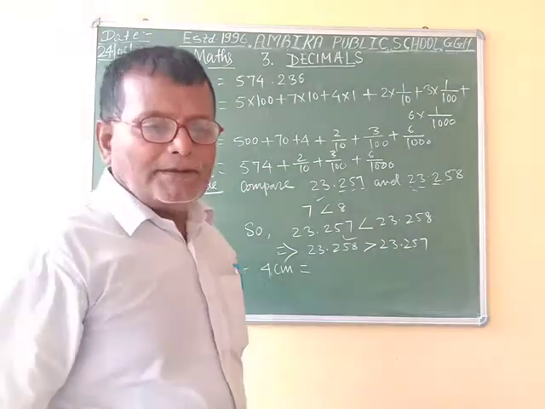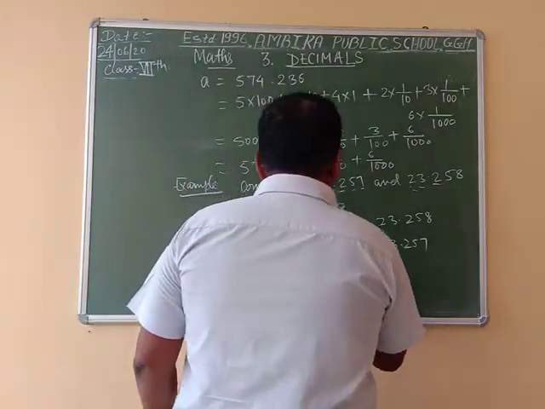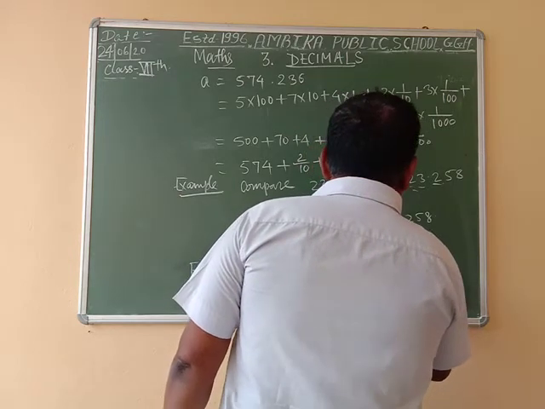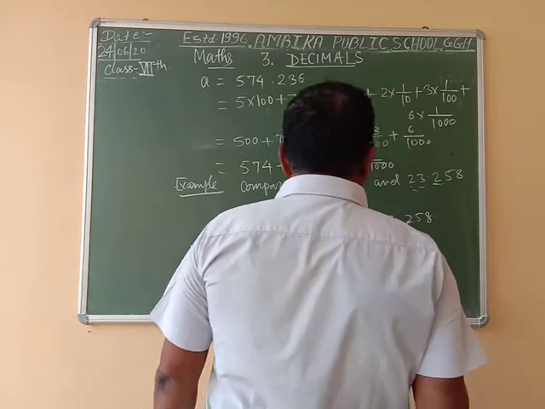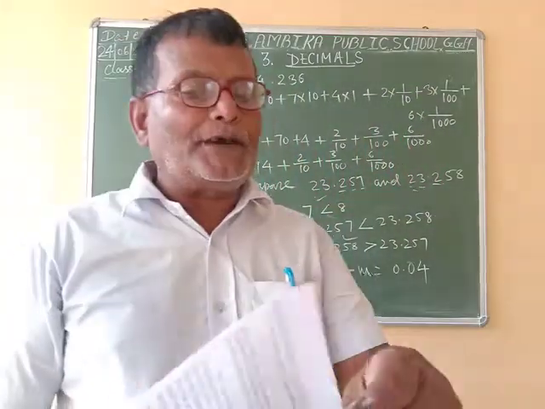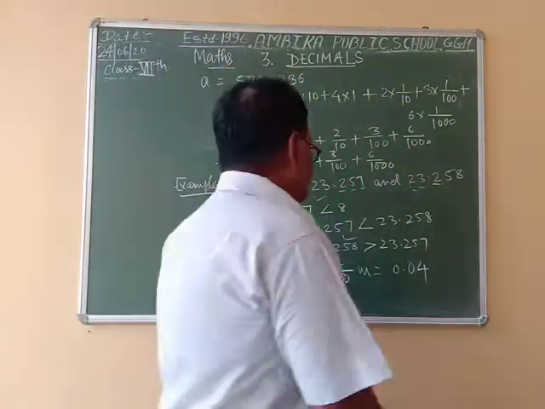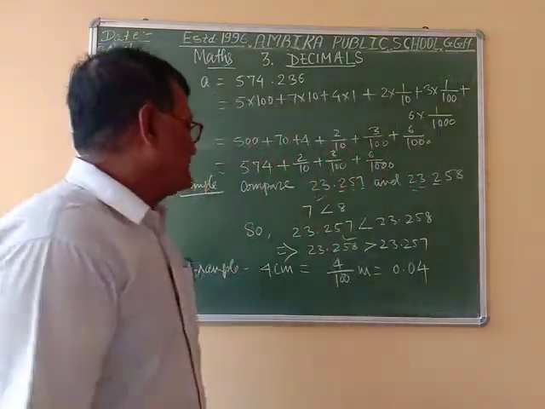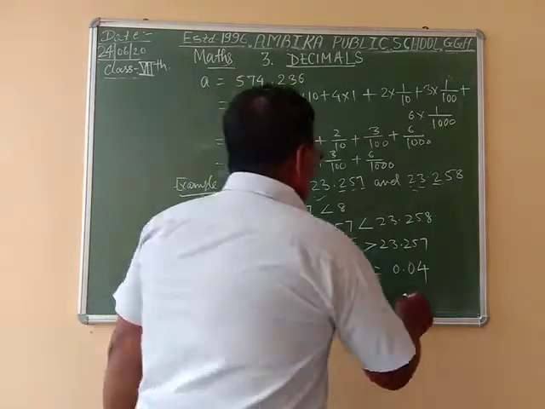We can write 4 by 100 meter, which is equal to 0.04 meter in decimal form. So if the question is given in a lower unit, you can convert it into a higher unit.